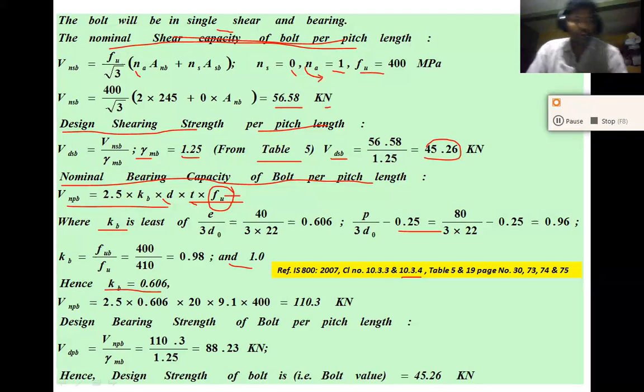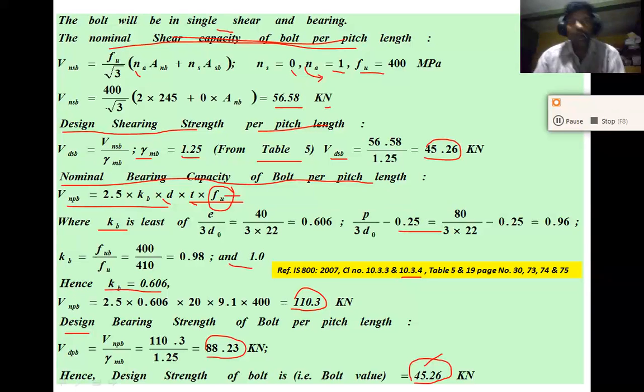Now the nominal bearing capacity is how much? 110.3 kilonewton. Now the design bearing strength, dividing by the factor of safety of the bolt, is equal to 88.23 kilonewton. So hence design strength of bolt is 45.26 kilonewton. Okay, the minimum we have to consider.